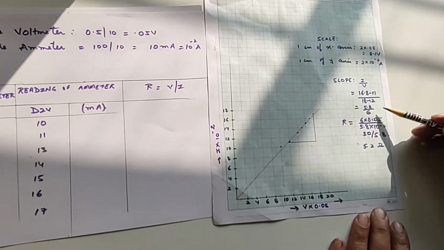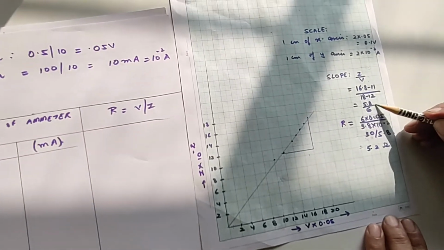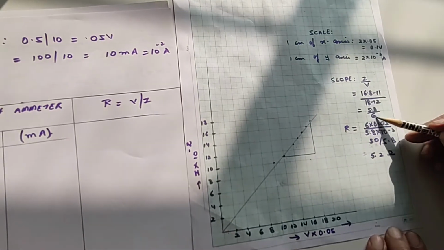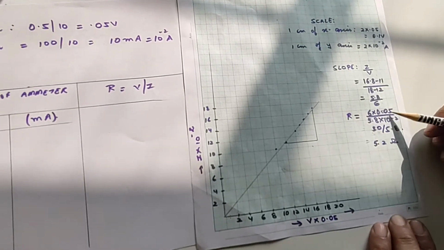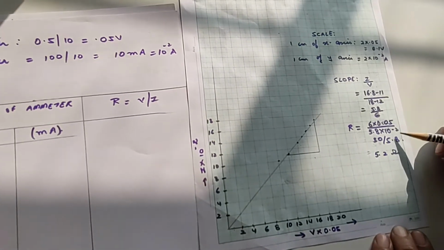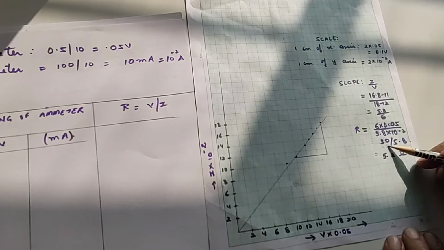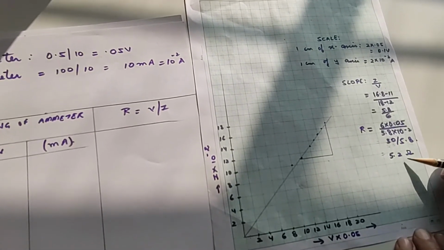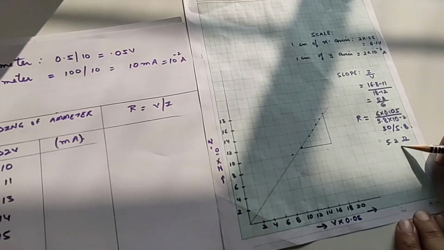If you solve it, then my resistance, see children, I have not solved the calculations here, I have just inverted, because my resistance is V by I, so that is 6 upon 5.8, and then I multiply this with my least count of the voltmeter and the least count of the ammeter. It's a simple calculation. This is 30 by 5.8 and it will be 5.2 ohms. So 5.2 ohm is the resistance of the wire.